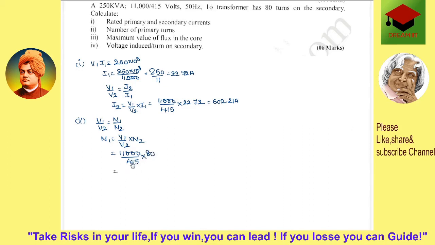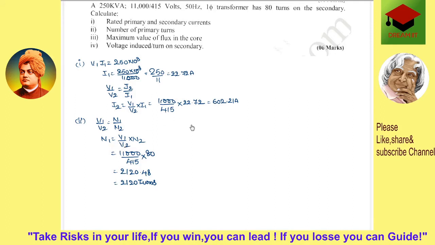So the final answer is 11,000 into 80 divided by 415, that is approximately 2120.48, but the turns will not be fractions, so you can write 2120 turns. That is on the primary side, that is N1.